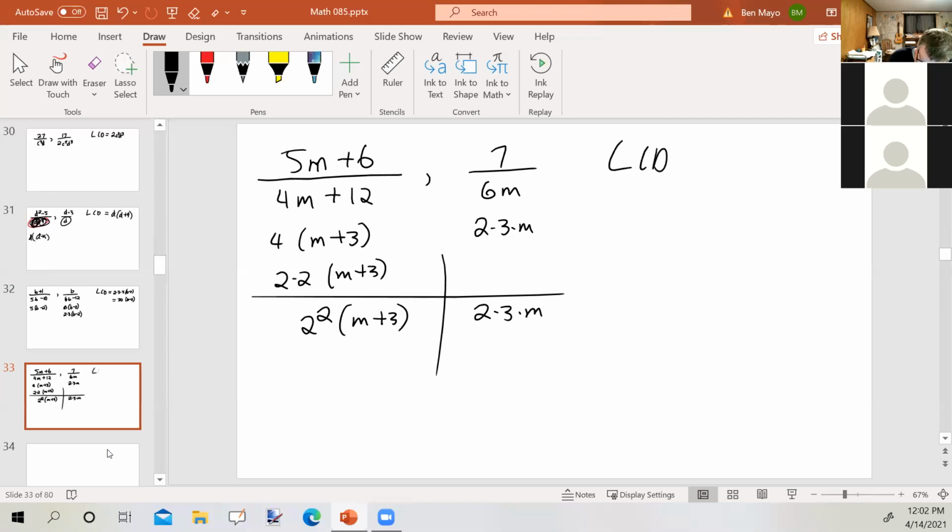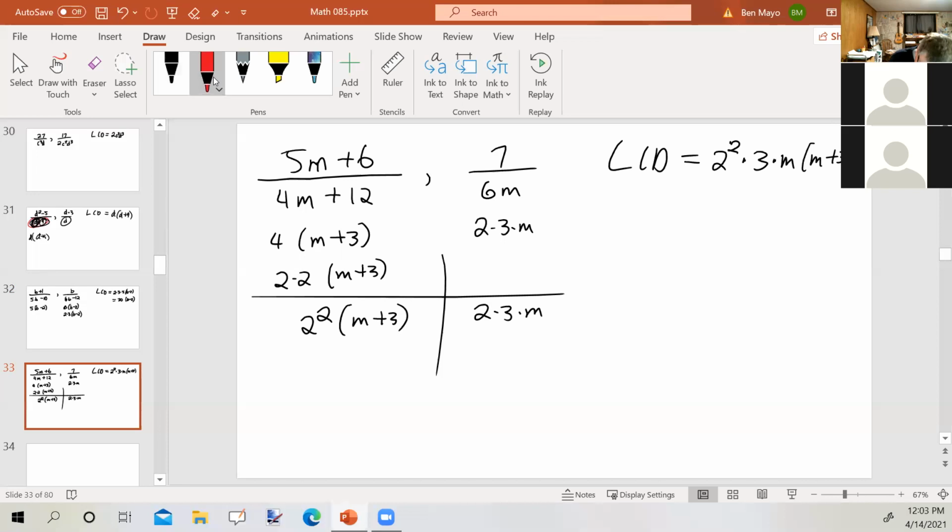So my least common denominator, how many 2's do I need? Is it 4? No. What's the largest power of 2's? Oh, 2 squared. Okay. How many 3's do I need? 1. Right. How many m's do I need? 1. How many m plus 3's do I need? 1.